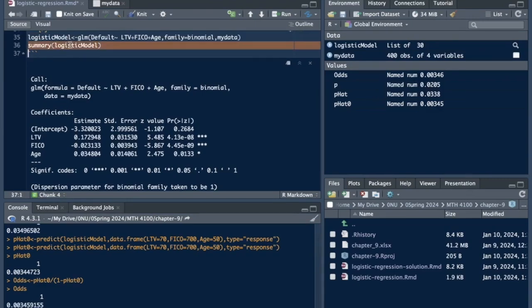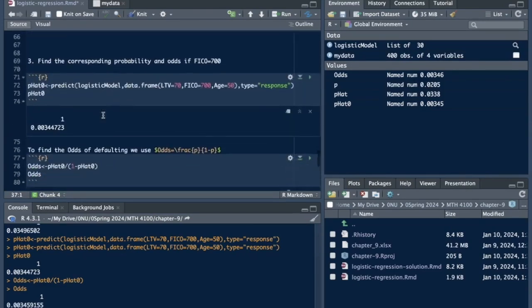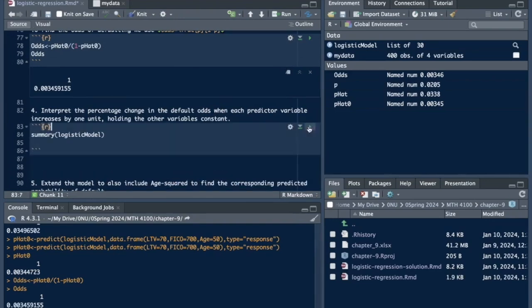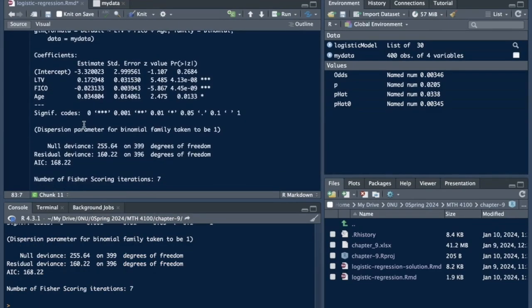So let me copy this and look at the summary. To answer this question, we are going to look at the summary. For a 1 unit increase in LTV, the default odds increase by about 17%, 17.29%.